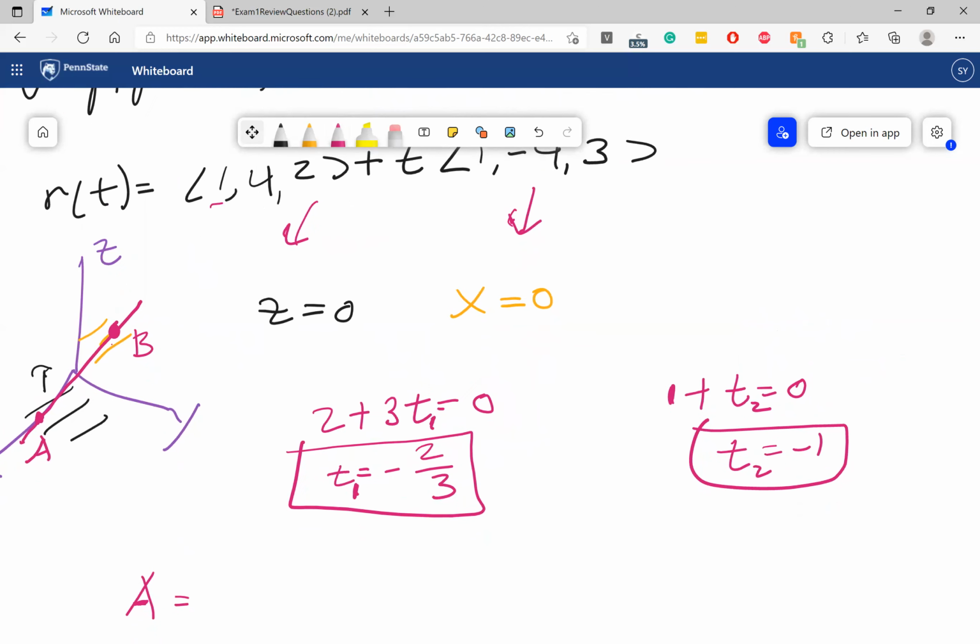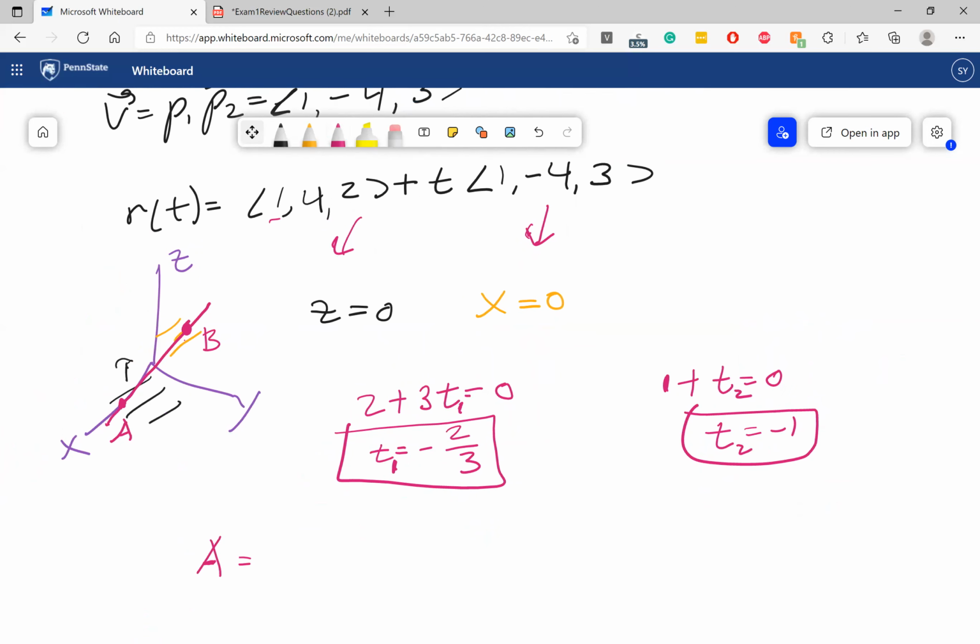It's going to be the point 1 minus 1, which is 0, 4 minus 4, which is going to be 8, and finally, 2 minus 3, which is negative 1. So that's how you find the point A. You can then find the point B by plugging in the T1 into your R of t, and then just find the distance between these two points, and that will solve the question.